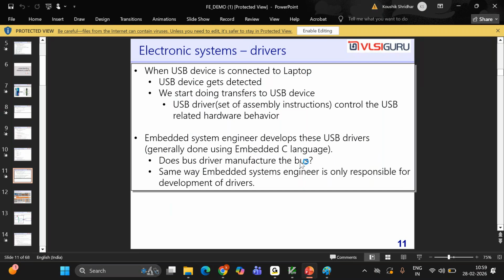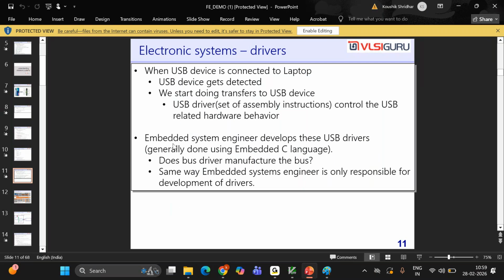We are only responsible for the USB controller hardware behavior. Understood? A bus driver is responsible for bus operation, bus acceleration, bus stopping, all those things. That's the bus hardware operation.